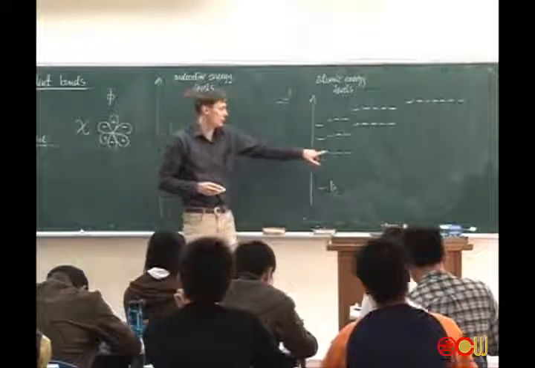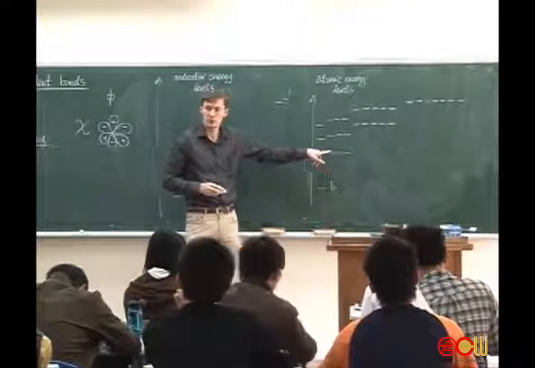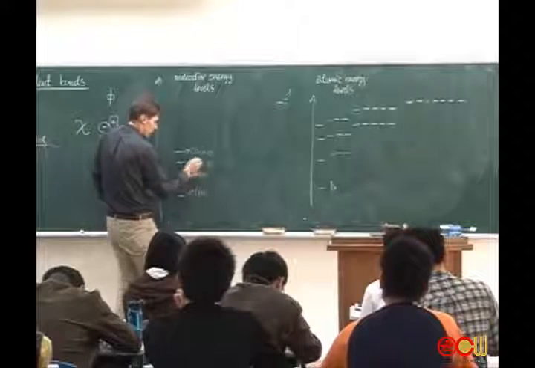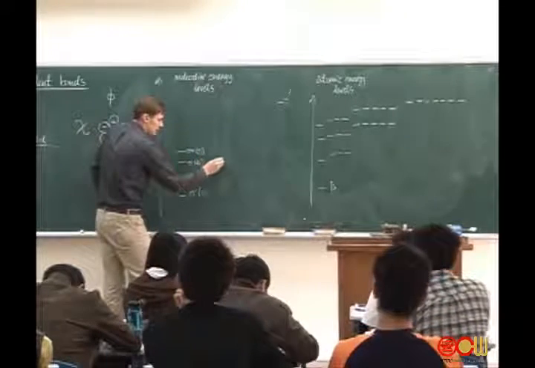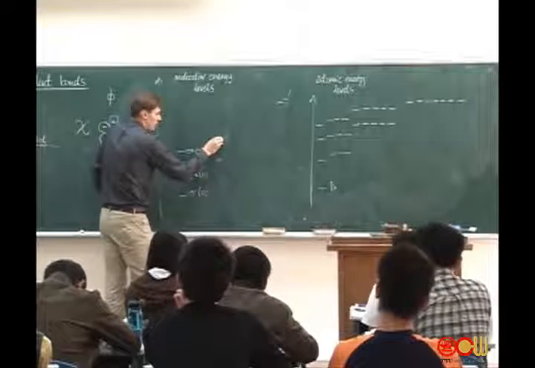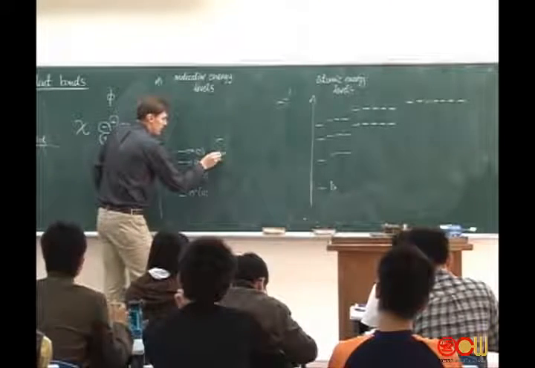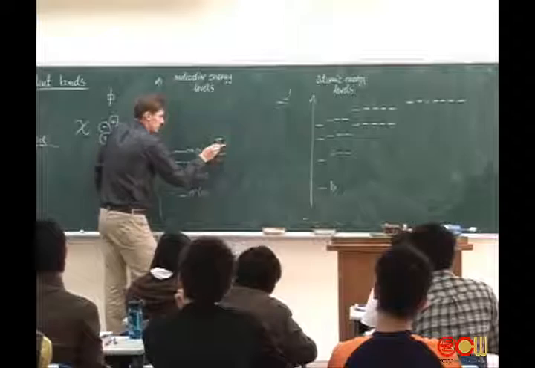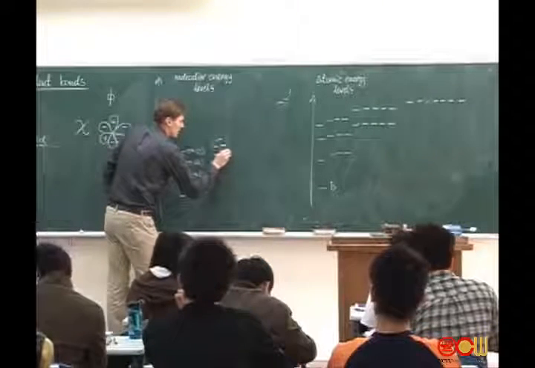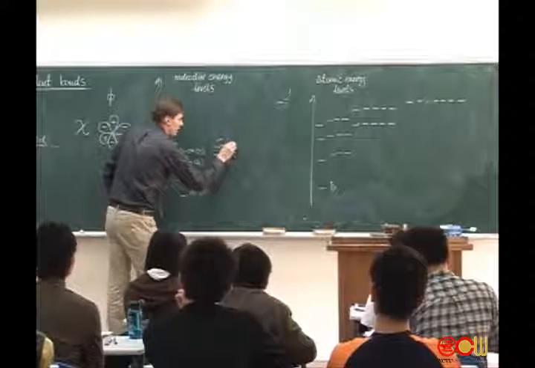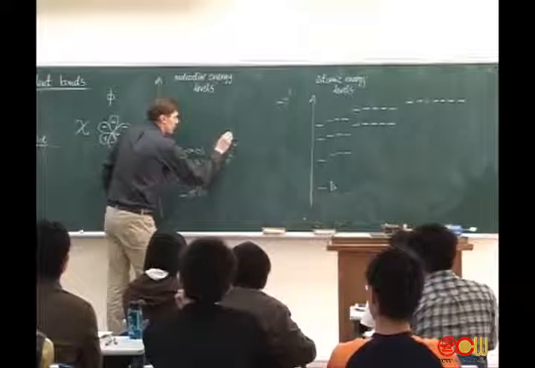Further, I have the 2p orbitals. The original level is a bit higher than s, so let's say here. Then I have the splitting to sigma, and I have a splitting to the pi. And I have sigma, pi, pi antibonding, sigma antibonding.